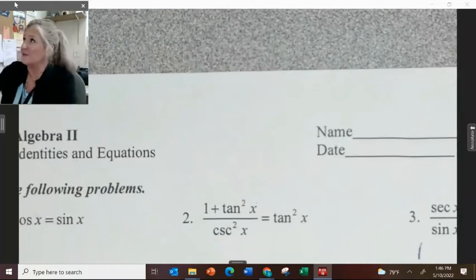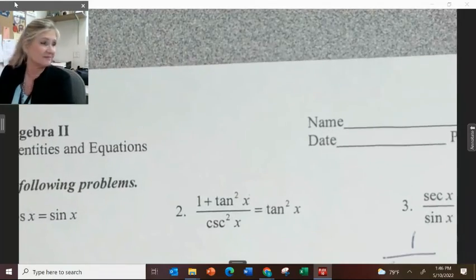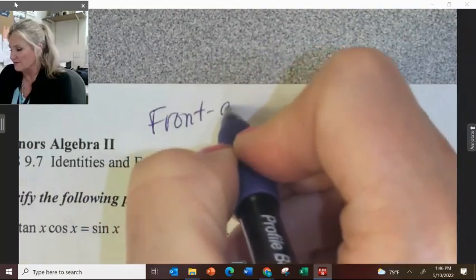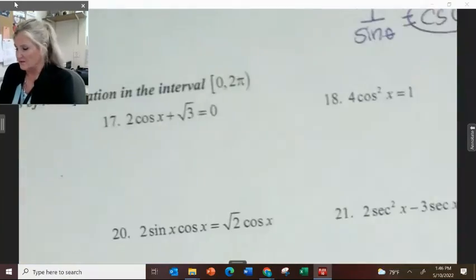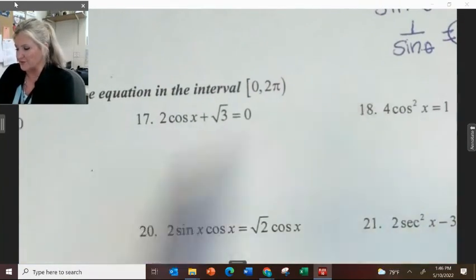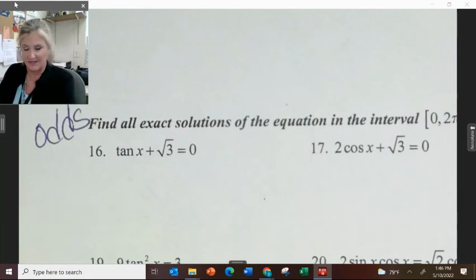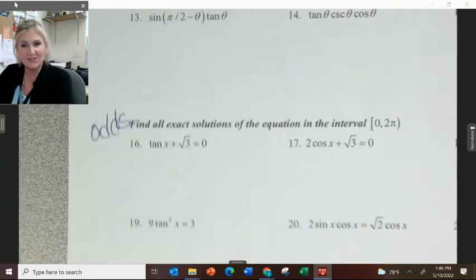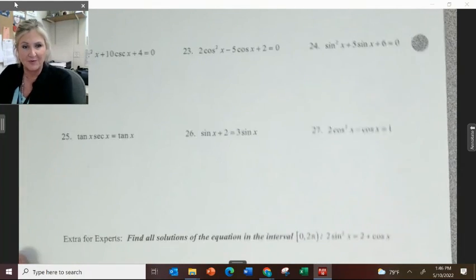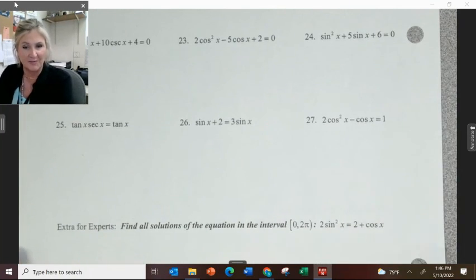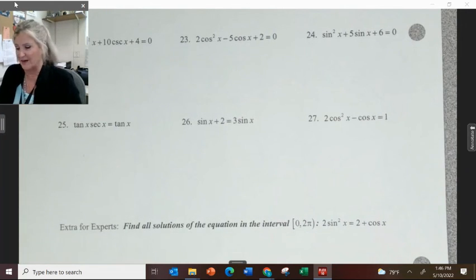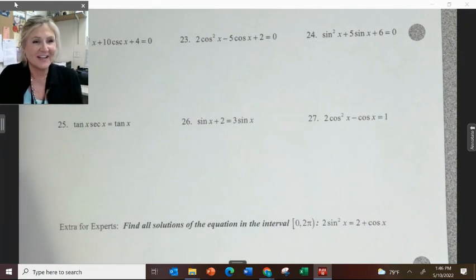On the front, you're going to do all of it. And then on the back, just odds in this section. There is this extra problem down here at the bottom. I'd really love for you to try it. It's pretty complicated, but I'm sure some of you can figure it out. All right, guys. Good.